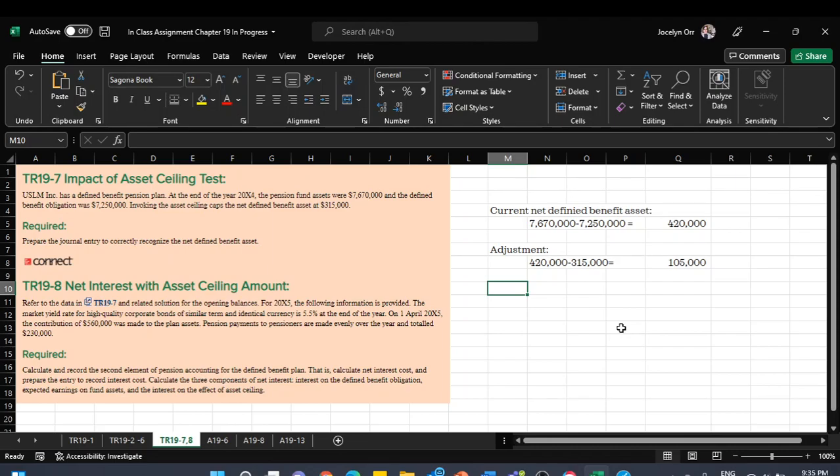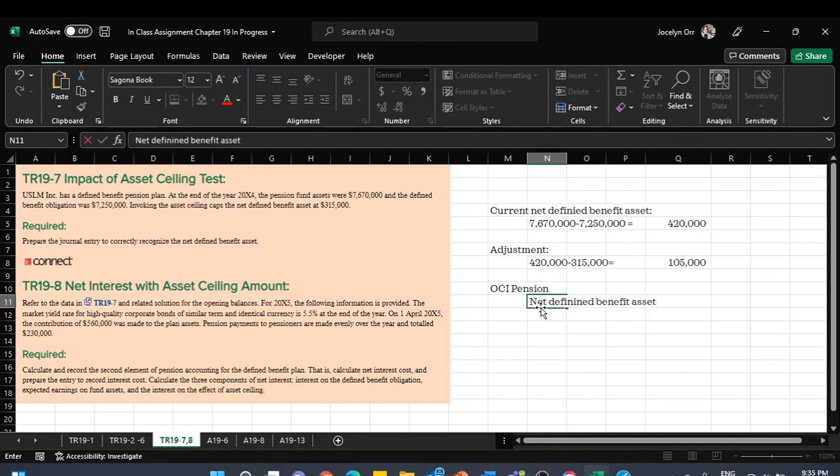When we have this situation with the asset ceiling, we put it to our OCI, our pension, and we decrease the net defined benefit asset, which really is a credit because it relates to the net defined benefit liability, right? That is the same account.